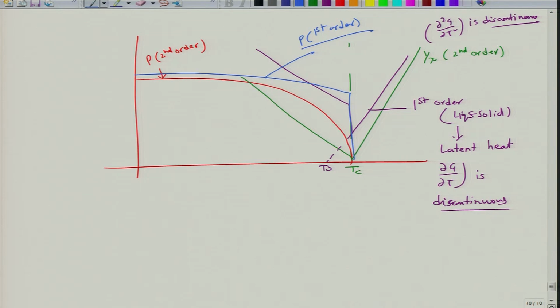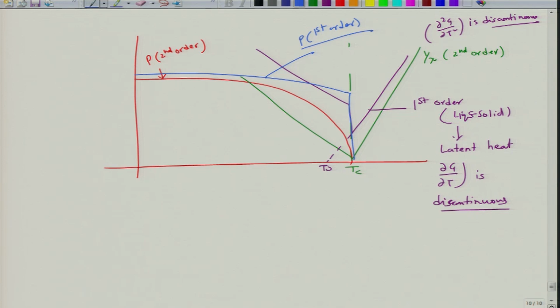Polarization is nothing but the order parameter, which can be related to free energy. So, as we say, the first derivative is discontinuous here, and in the other case the second derivative will be discontinuous. So, that is the fundamental difference between the two phase transitions, the first order and second order.